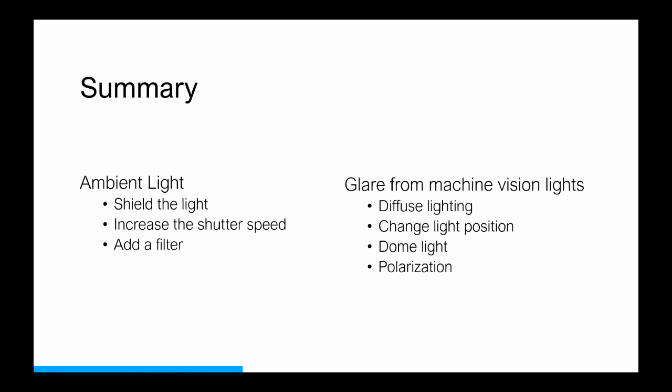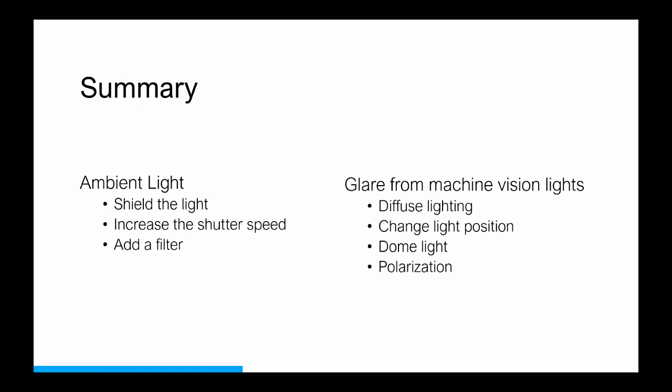If it's glare from a machine vision light, you want to diffuse the light and or change the position of the light. This is sample dependent and not going to work every single time, but for a lot of samples it will work really well. But if that doesn't work, then you go to dome light or polarization.